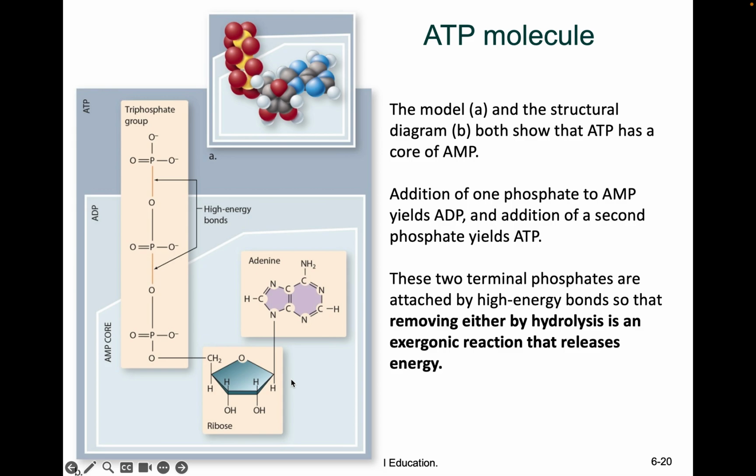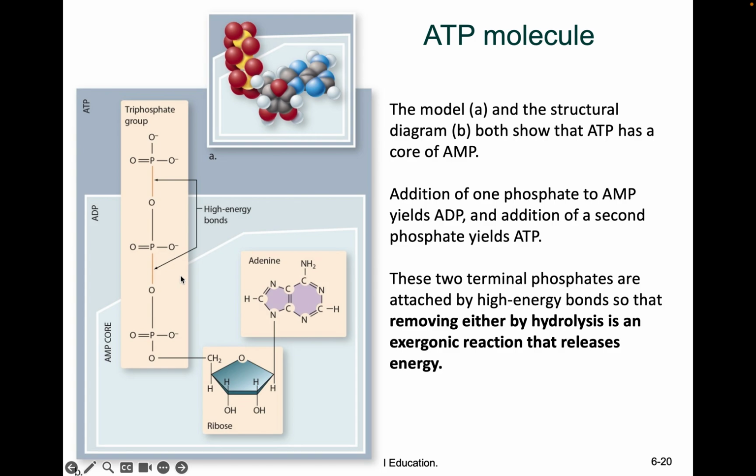So ATP has the following structure, very similar to a nucleotide, where you have a ribose ring, and in your carbon number one, you have an adenine, and then in your fifth carbon, you have three phosphate groups. So ATP is adenosine triphosphate, but it can also exist as ADP, adenosine diphosphate, so it only has two phosphates, or AMP, adenosine monophosphate, meaning it just has one phosphate.